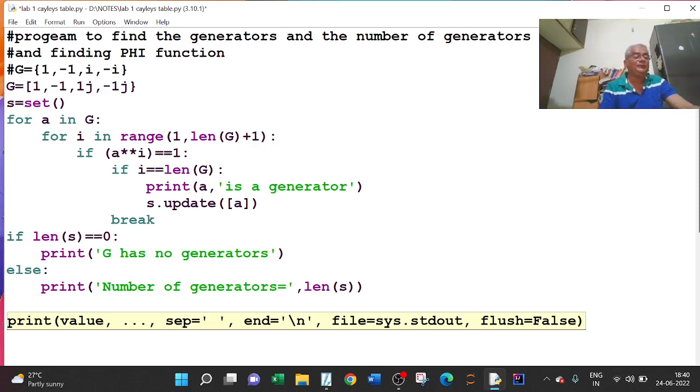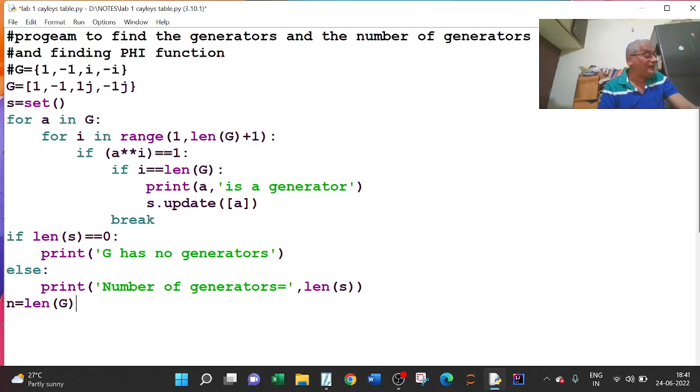Now we try to find out the pi function. For that I will write n equal to the order of g, that is length of g. Then I define pi of n, say PHIOFN. You can write anything here, this is a variable name.